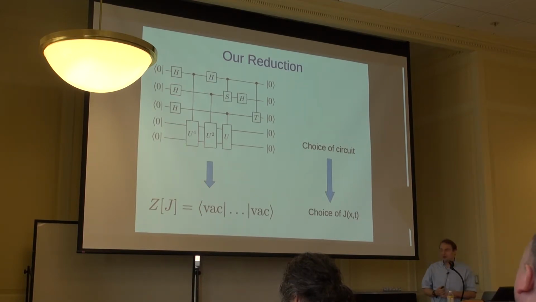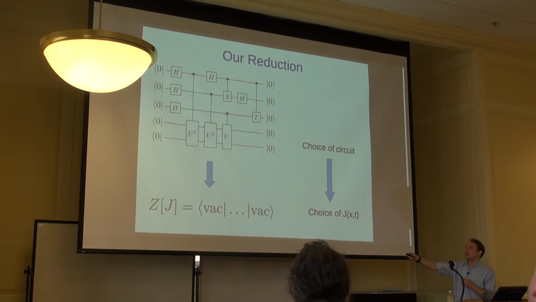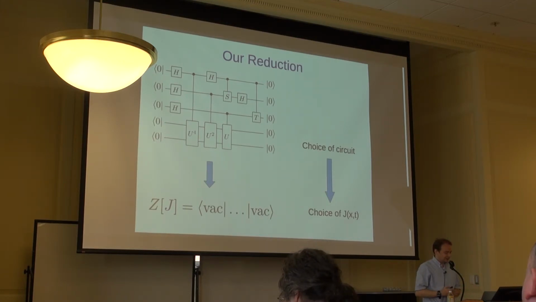The way it works is we have a reduction. We start with some arbitrary quantum circuit, and we want to encode the all-zeros to all-zeros bit string amplitude into the vacuum-to-vacuum amplitude of this quantum field theory process.